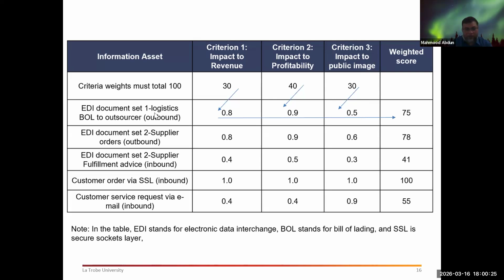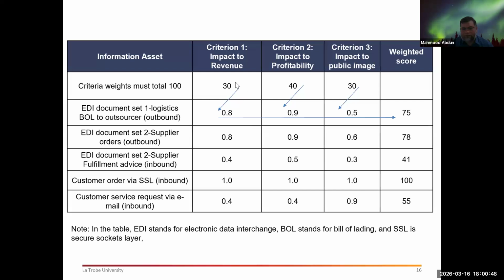It's the EDI document set 1 logistics bill of lading to outsourcer outbound. So you're basically sending a bill to an outsourcer. From the outsourcer, you're procuring the goods and then you're selling as a retailer, something like that, right? I don't know about the whole thing, but that's what I can figure out from this.